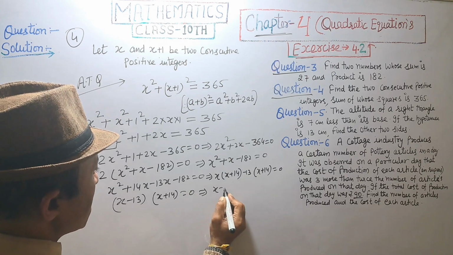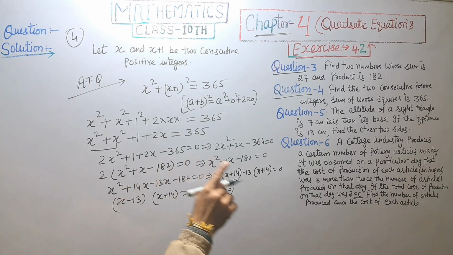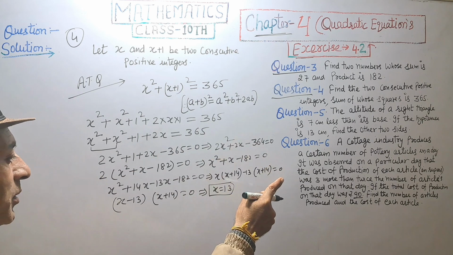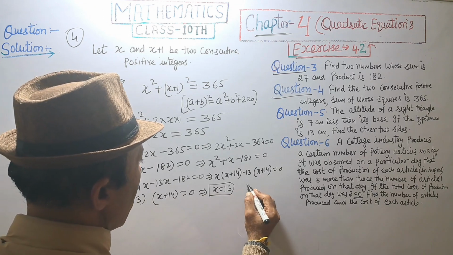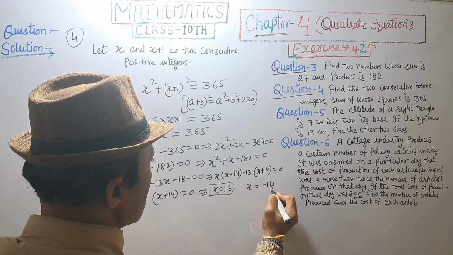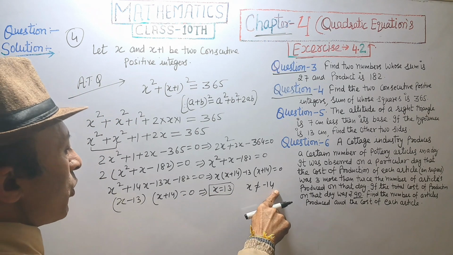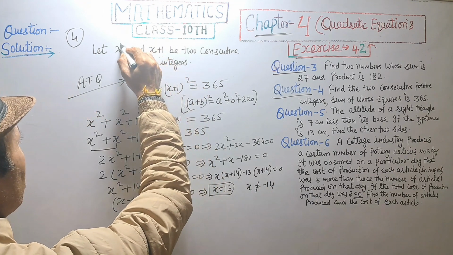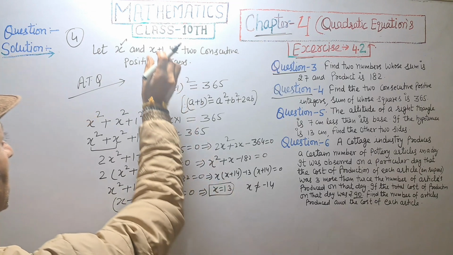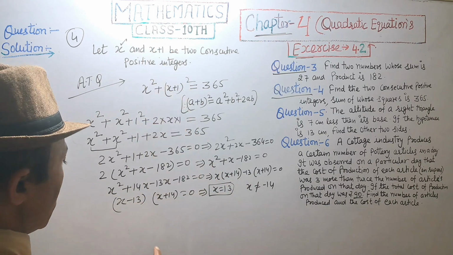This implies x is equal to positive 13, and x is equal to minus 14, which is negative. So the first number is x, that is 13, and the second number is x plus 1, 13 plus 1 is 14.